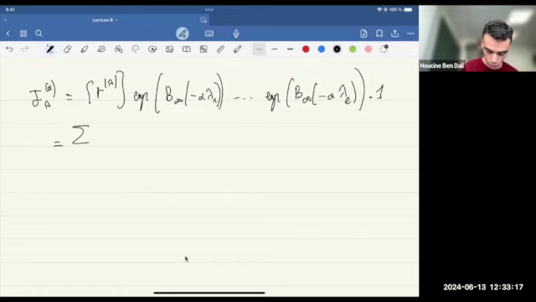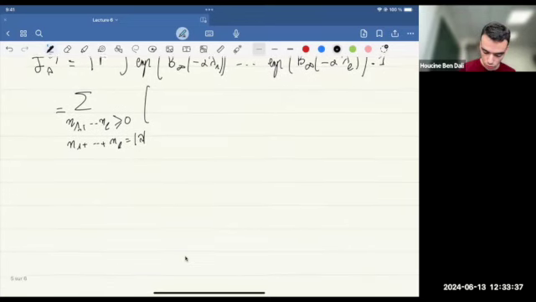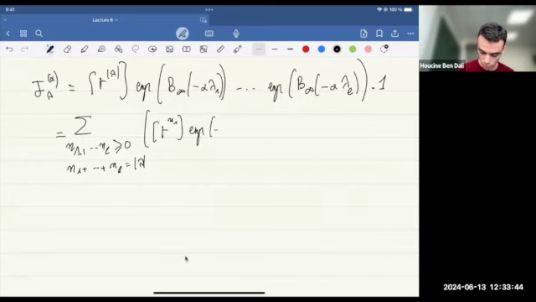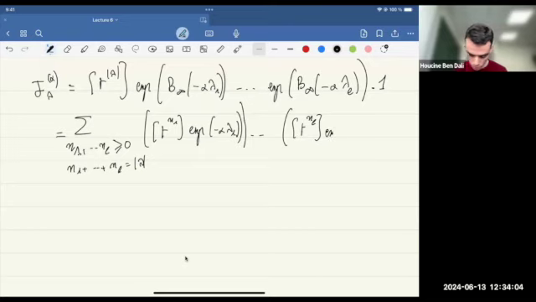So we will obtain the sum over all n_i's, n_1 to n_l, positive, and then we extract the coefficient of t to the power n_i. These n_i's have the sum equal to the size of lambda. Then we extract the coefficient of t to the power n_1 in the first exponential, and in the last exponential, the coefficient of t to the power n_l.